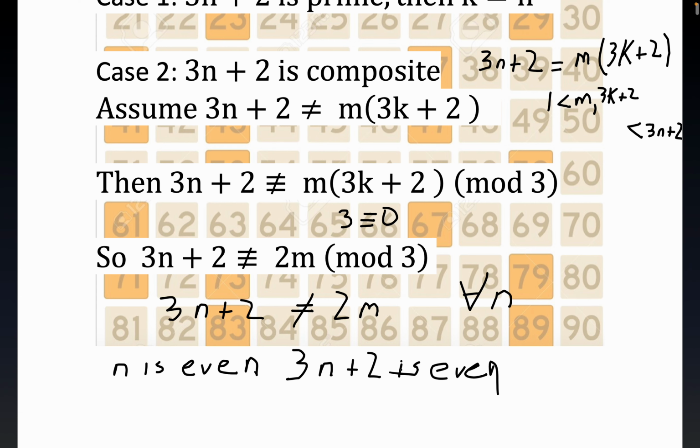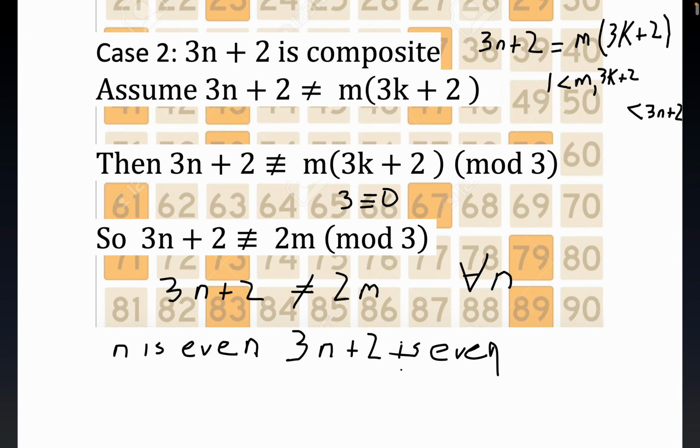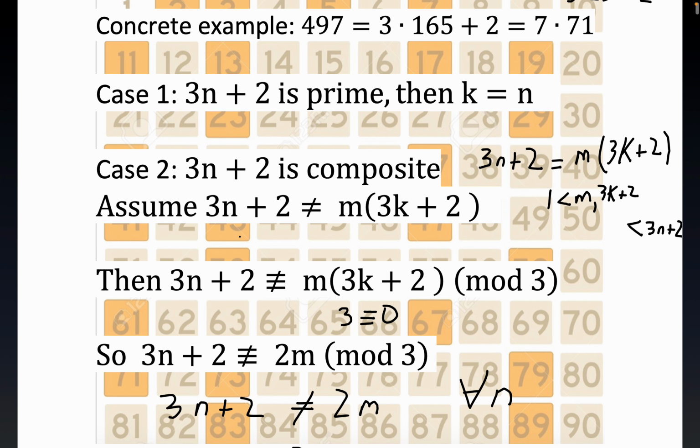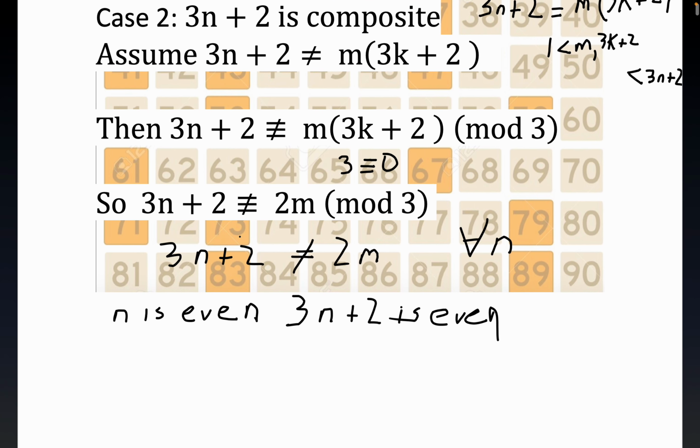So that's a contradiction, and since we contradicted this statement, that means 3n plus 2 must equal m times 3k plus 2 for some k. A lot of people don't like these contradiction proofs. I didn't see another way to do this.